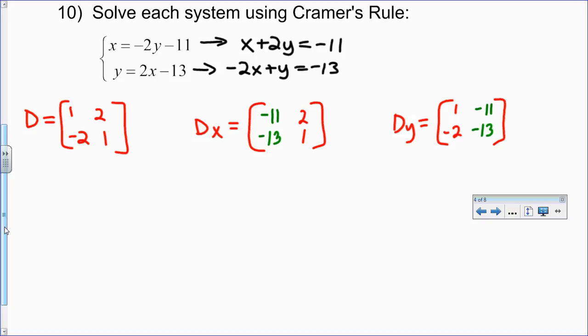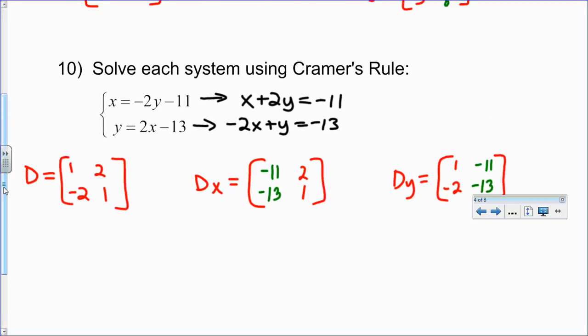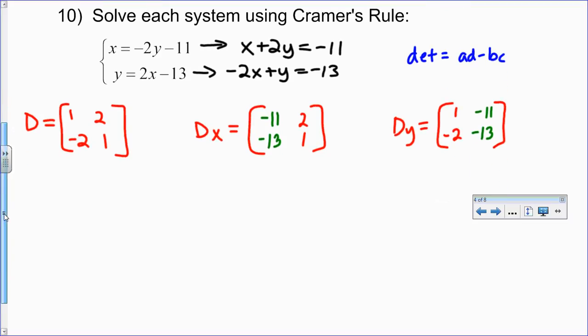So remember, the determinant of a 2 by 2 is AD minus BC. So the determinant of D is 1 minus -4, which is 5. Okay, now find the determinant of dx.